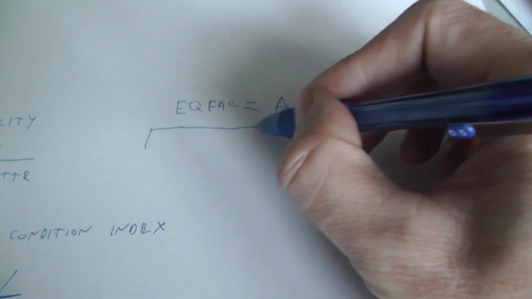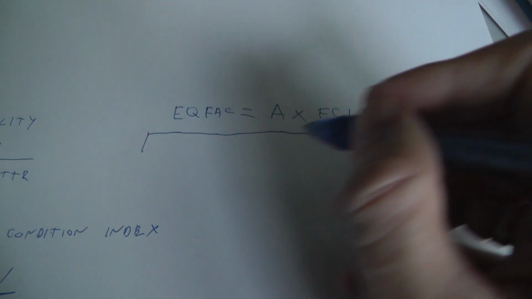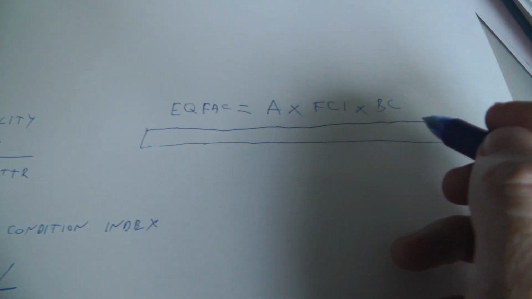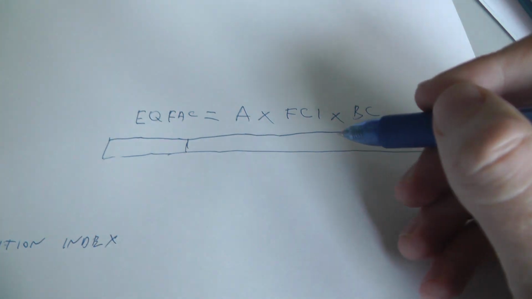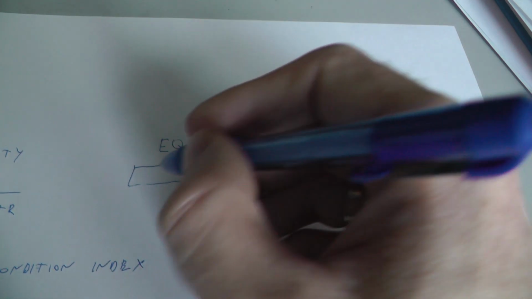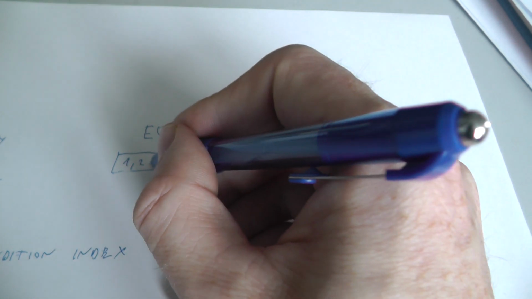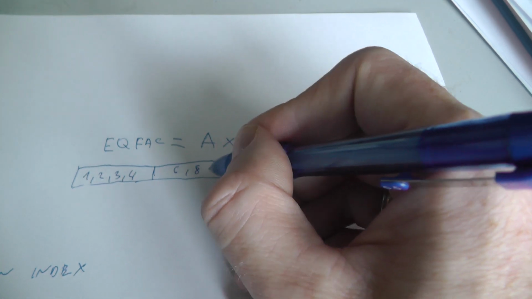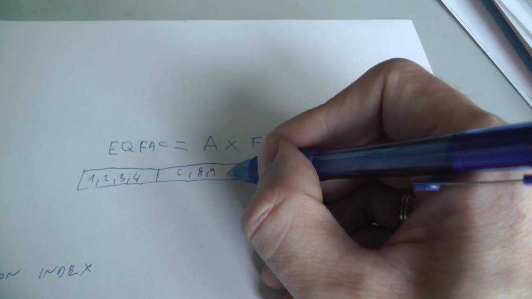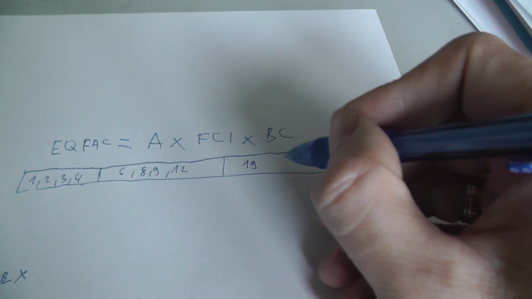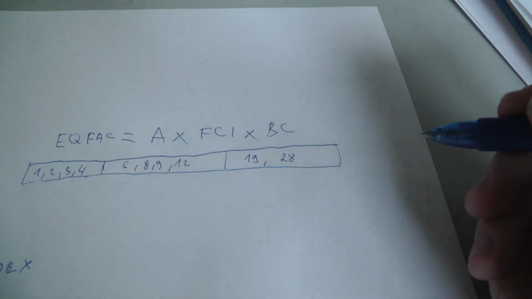And now we have a line where we have the results of this, and we have here numbers 1, 2, 3, 4, 6, 8, 9, 12, and here maybe 90, 28.